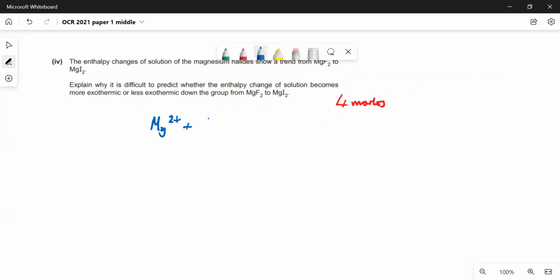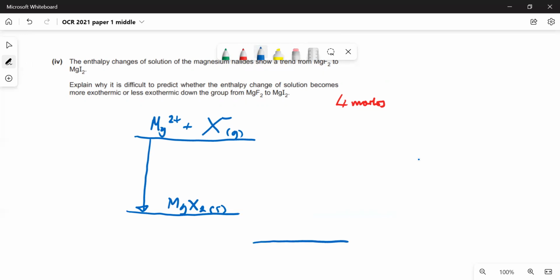Let's call it X minus, because it could be fluoride or iodide. There's the gaseous ions. Here we're going to form the solid. And here we've got the hydrated ions. And this is going to be our delta H sol there.